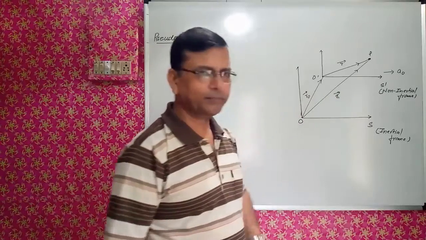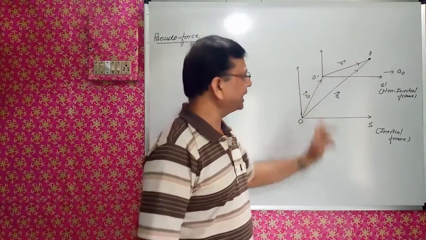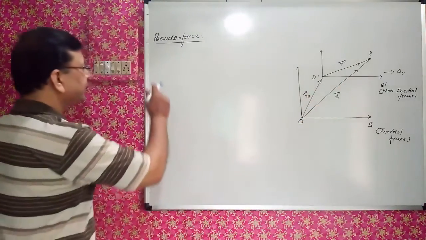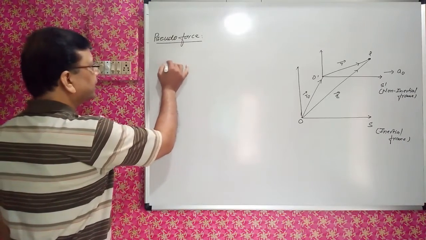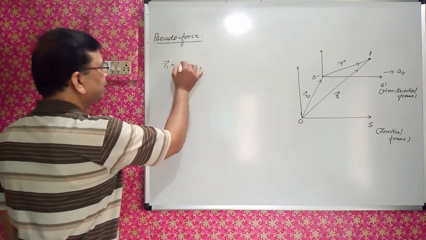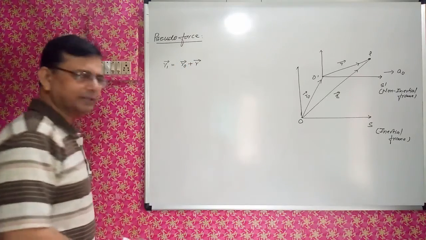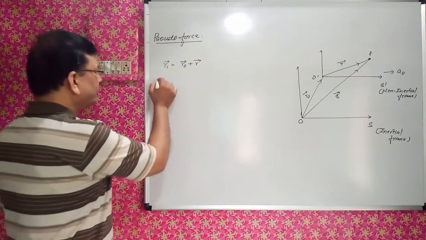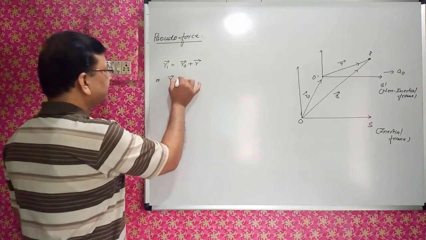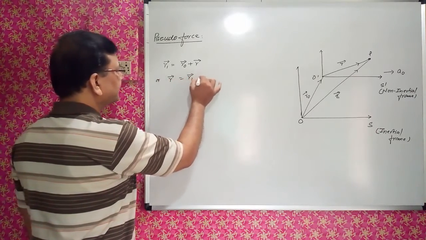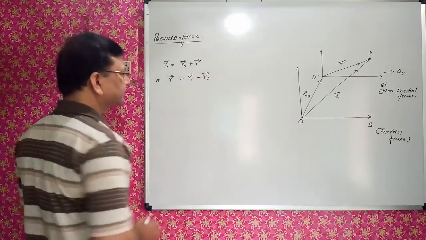By the triangle law of vector addition, R1 is equal to R0 vector plus R vector, or we can write R vector is equal to R1 vector minus R0 vector.